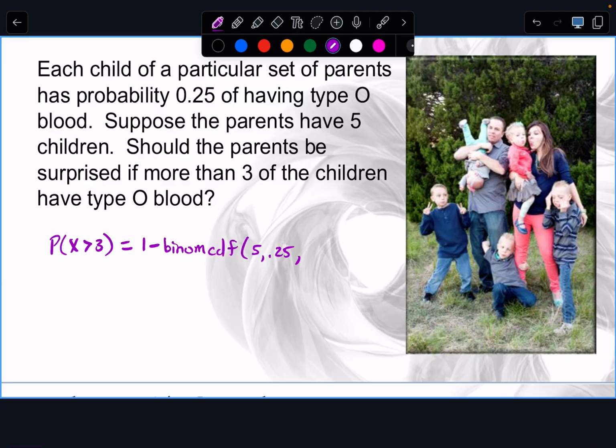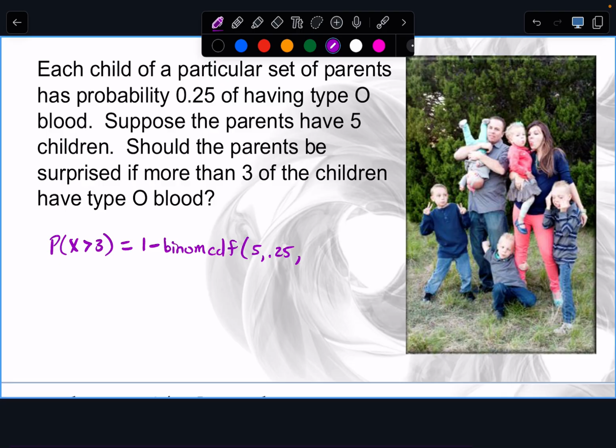So if I think about what's going on, I want to get rid of everything I don't want. The calculator is going to go from 0 up to where I tell it to stop. So if I'm looking at probability that x is greater than 3, what values do I actually want? How many kids do I want to have type O blood? 4 or 5.